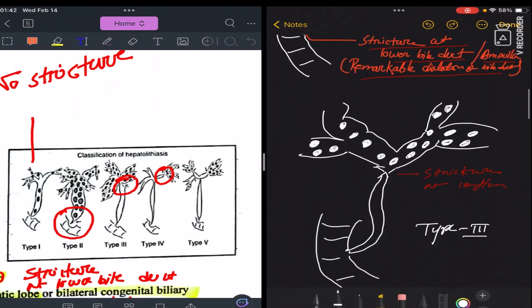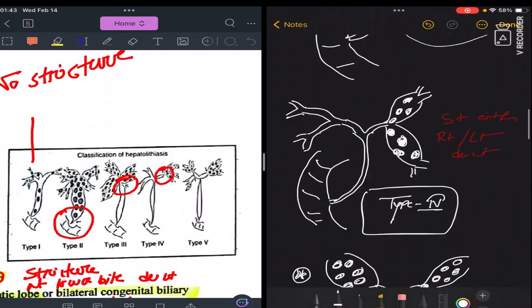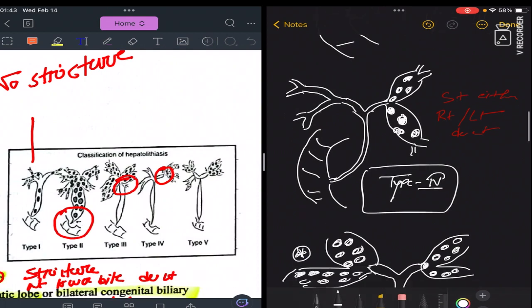And if we observe type 3, the stricture is at the confluence of the right and left hepatic duct. It is type 3. Now if we observe type 4, there is a stricture either in the right side or the left side of the duct, and this is considered as type 4.